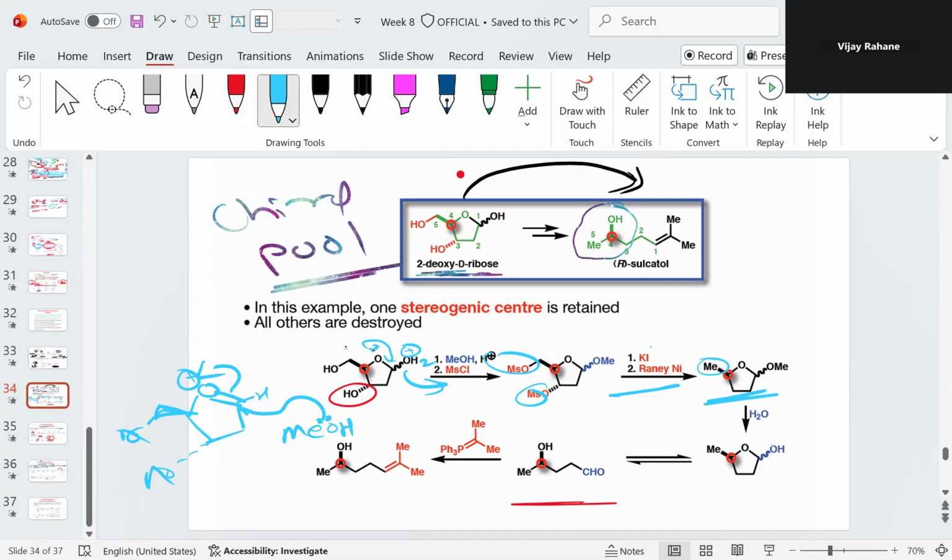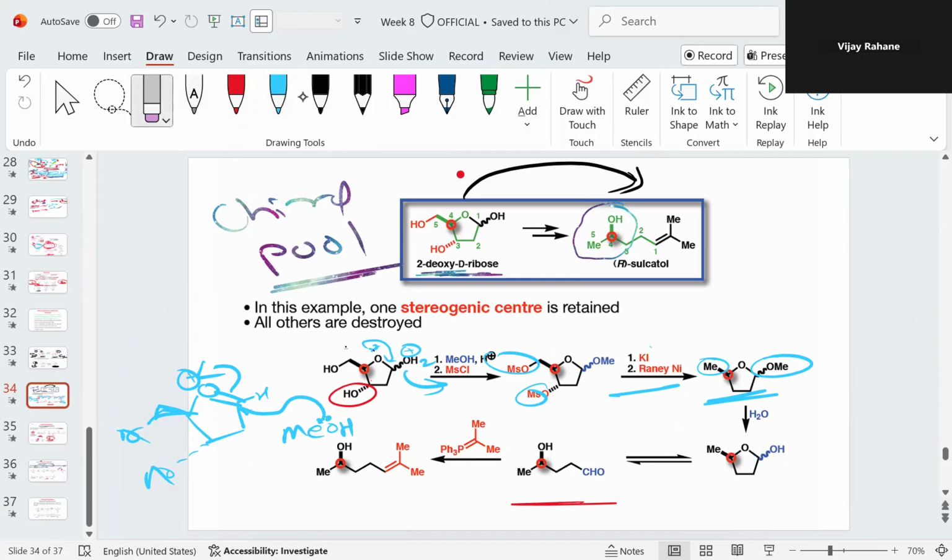Then the next step is the hydrolysis of this OME. So this OME gets converted into OH, followed by, basically, these groups go here. OH got eliminated, and this entire group. Oh, sorry, not like this.